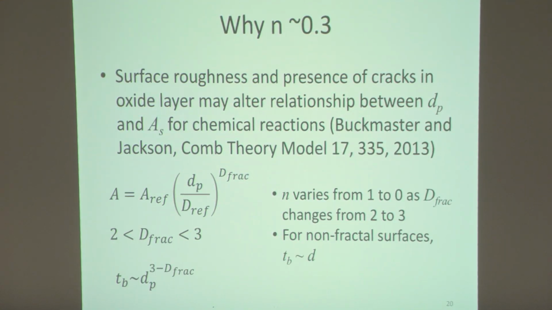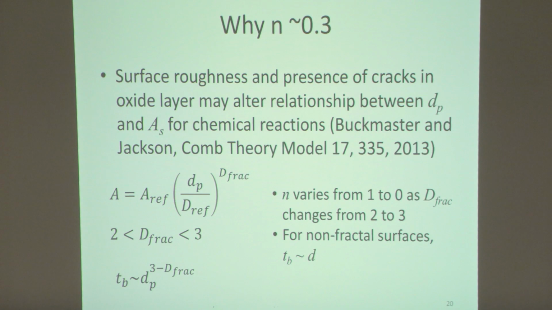These are some results of John Buckmaster and Tom Jackson, who were looking at, again, why this value of n is 0.3. The surface roughness and the presence of cracks in the oxide layer may alter the relationship between the particle size and the surface area for chemical reactions. What they show is that this relationship is affected by the fractal dimension of the particle system.